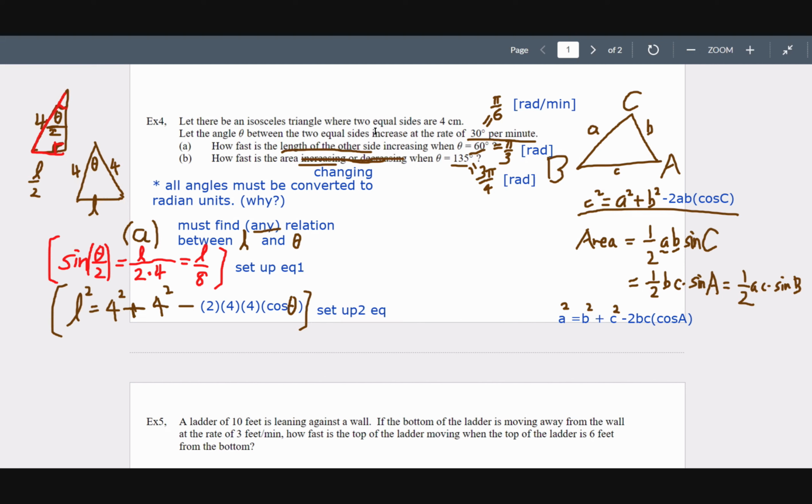And this one here, let me call this guy setup 1 equation. This is a different setup. It's not that you need both equations, you only need one equation.